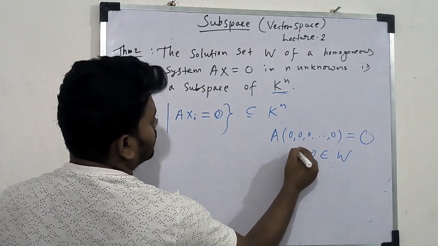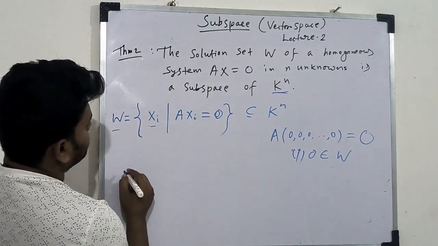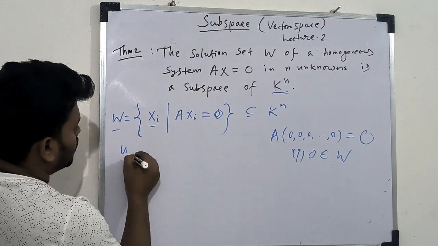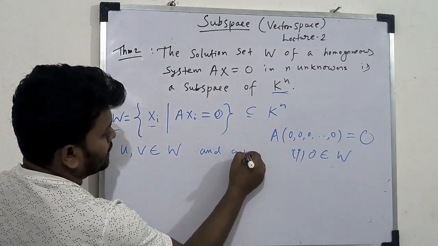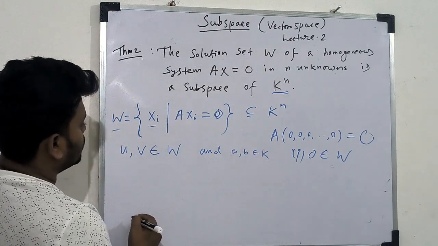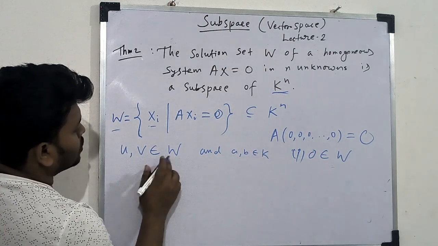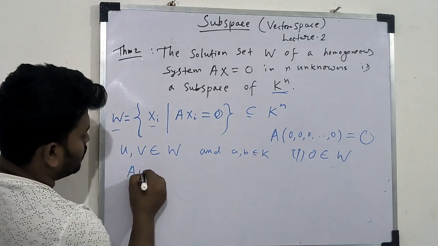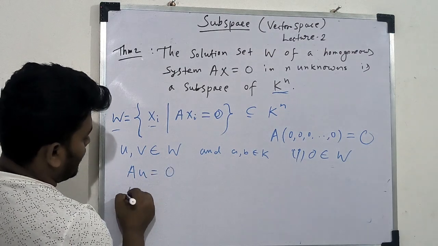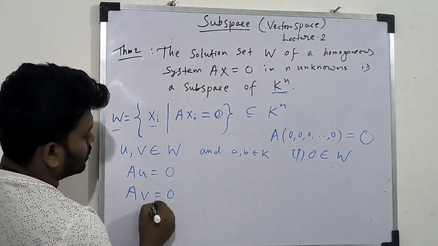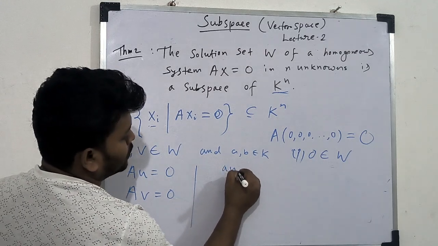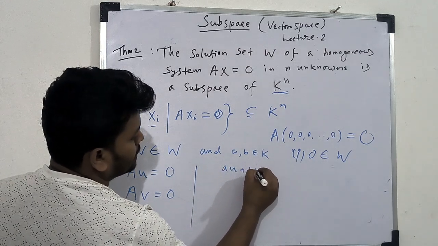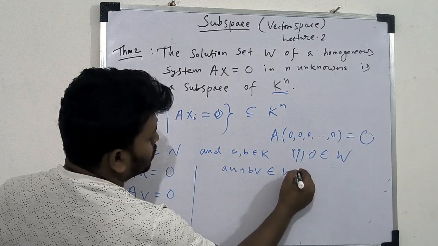So the first condition holds. For the second one, let us take u and v belong to W and a, b belongs to K. As u, v belong to W, we get Au equal to 0 and Av equal to 0. So now we find whether au plus bv will belong to W or not.